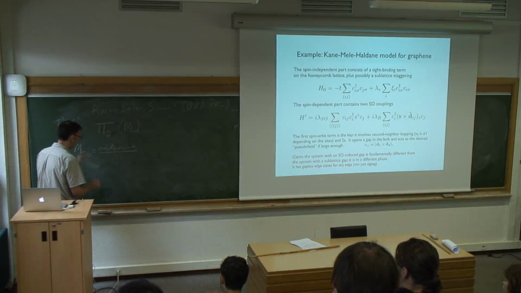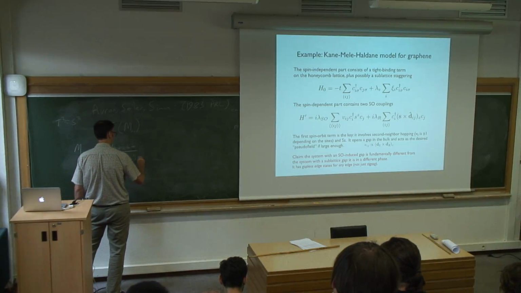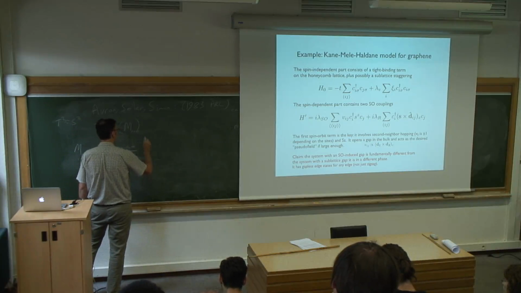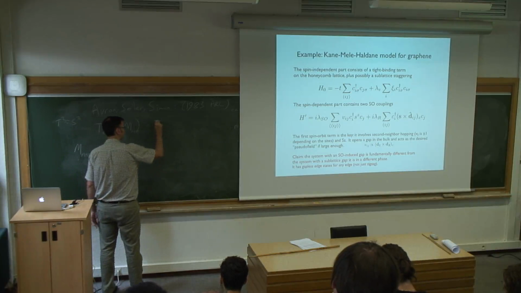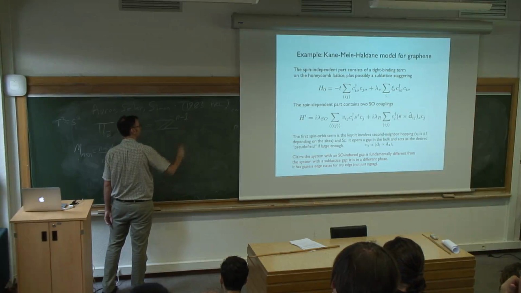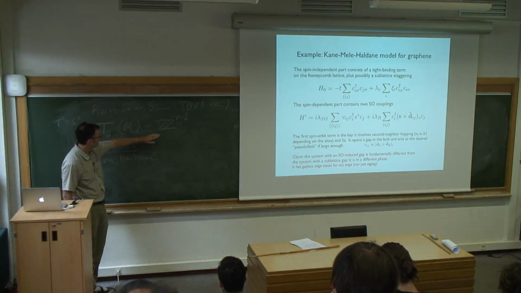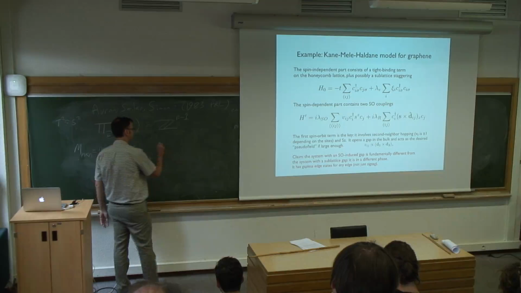Two-dimensional band structures where bands don't touch. That this is equal to n minus 1 copies of the integers, which is basically the statement that every one of the n bands has a Chern number, and all the Chern numbers sum up to 0.